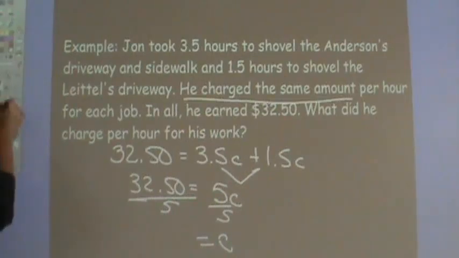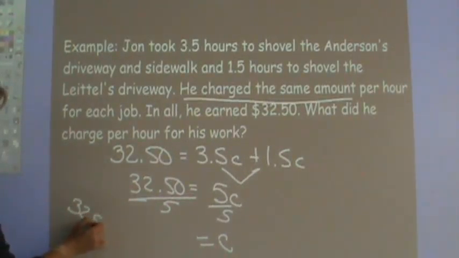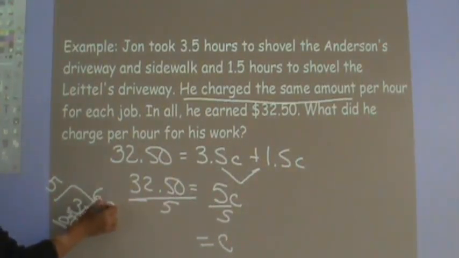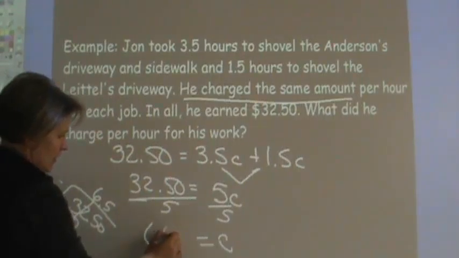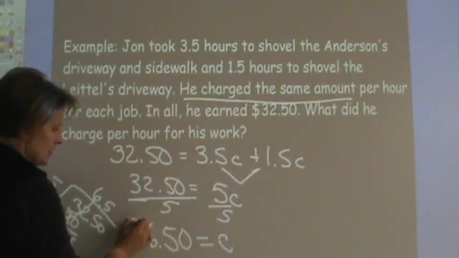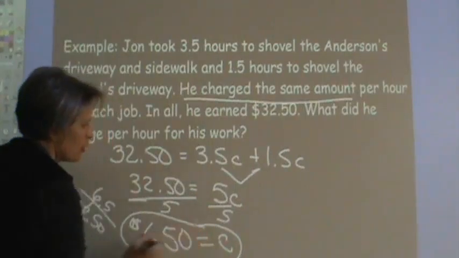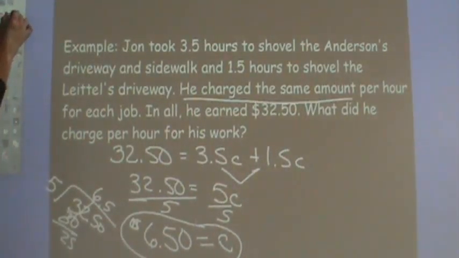So I'll take my $32.50, and we're going to divide that by 5. So 0.25 would be 5, so $6.50 is what he charged per hour, per family.